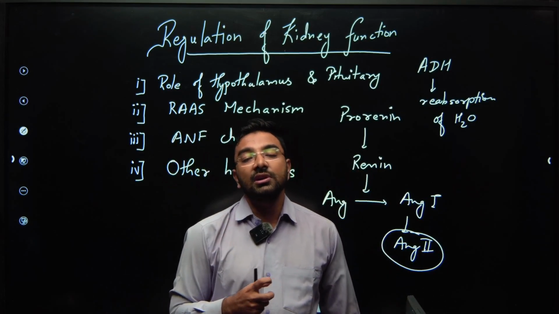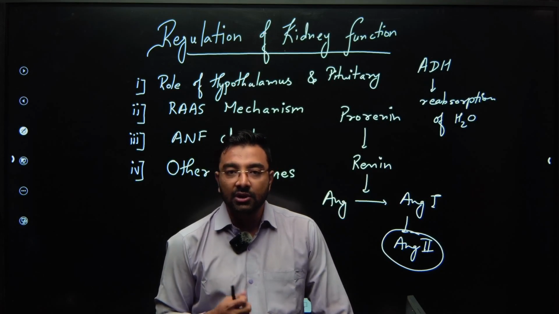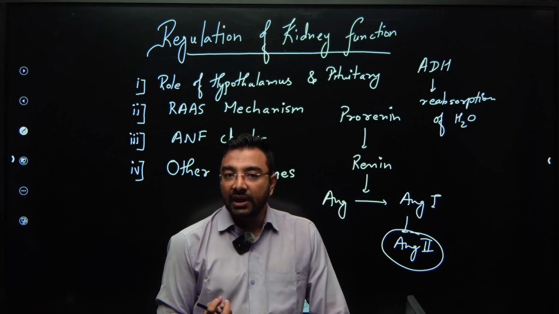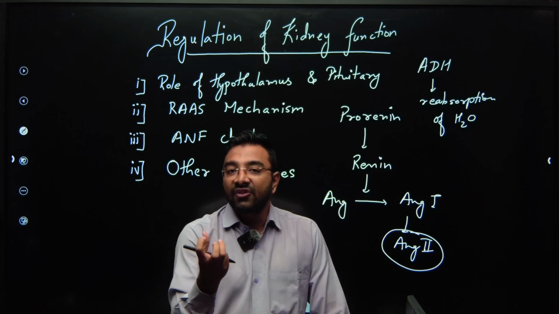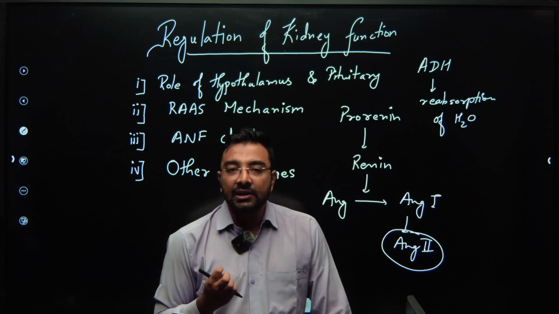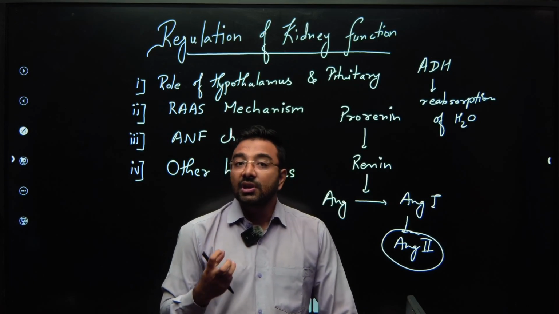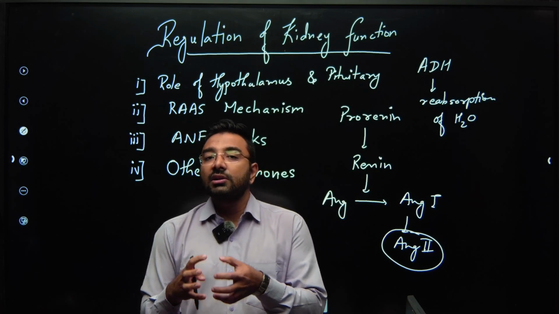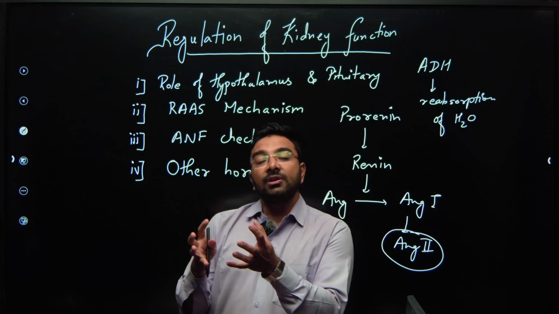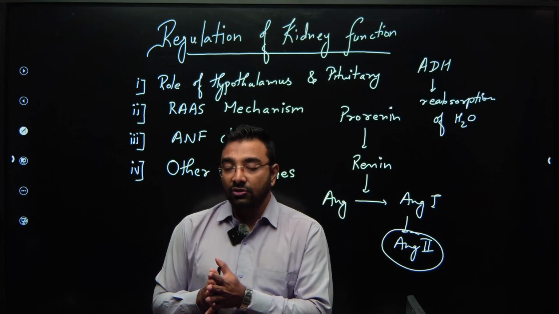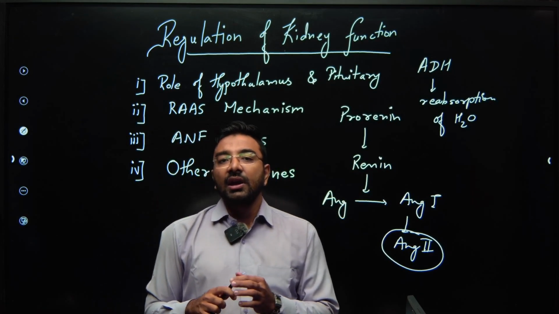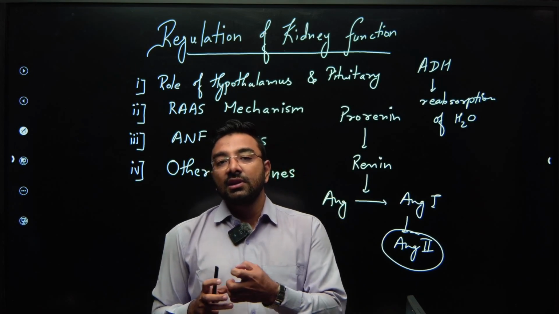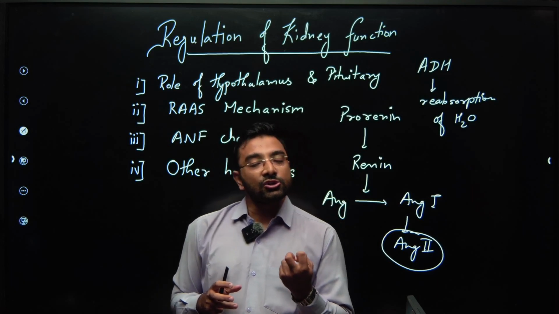The first function being it is a powerful vasoconstrictor. So, it causes vasoconstriction in the efferent arteriole, thereby it increases the effective filtration rate. Secondly, it causes vasoconstriction in the blood vessels of the heart also. So, partially or transiently, it increases the blood pressure inside the chambers of the heart also. Thirdly, it causes activation of the adrenal cortex to release a mineralocorticoid called aldosterone.